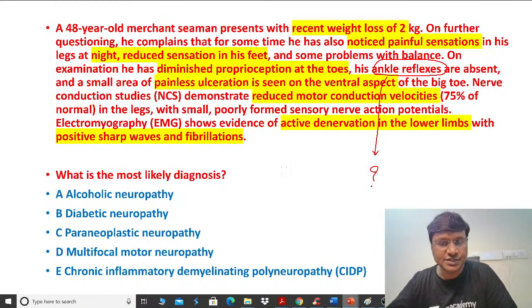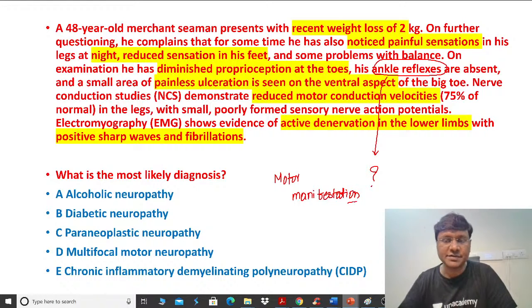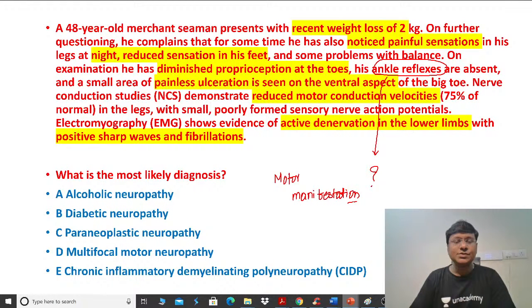The ankle reflex which is being lost is the motor manifestation. So what is the type of neuropathy we consider in this patient? It is not just sensory neuropathy.